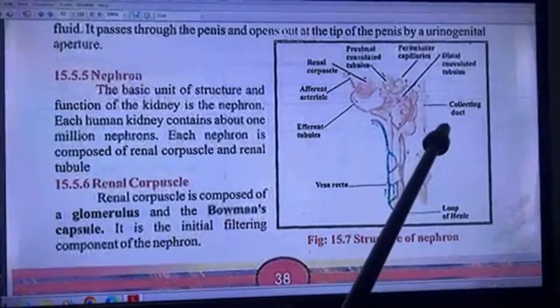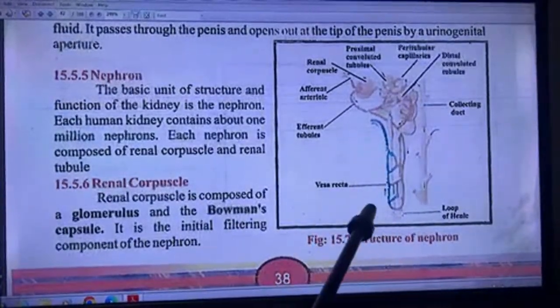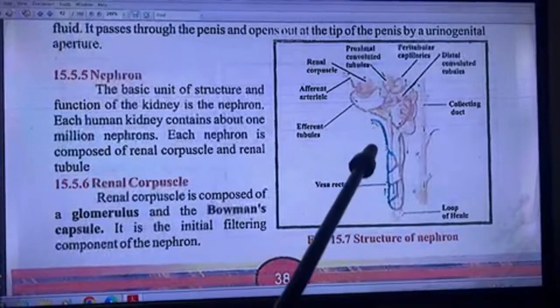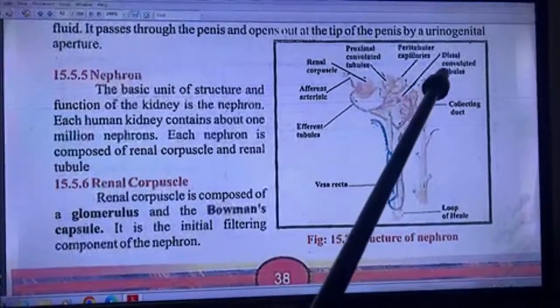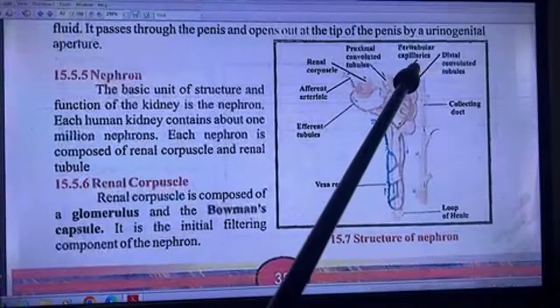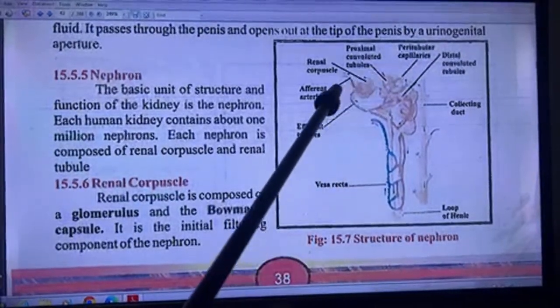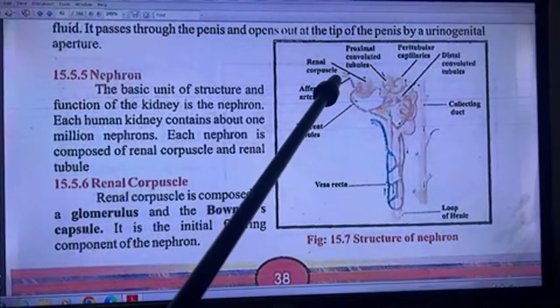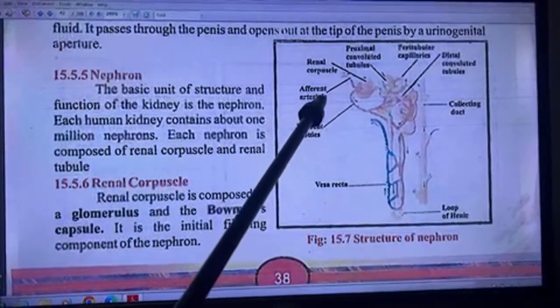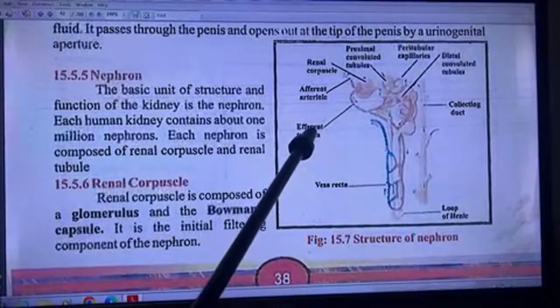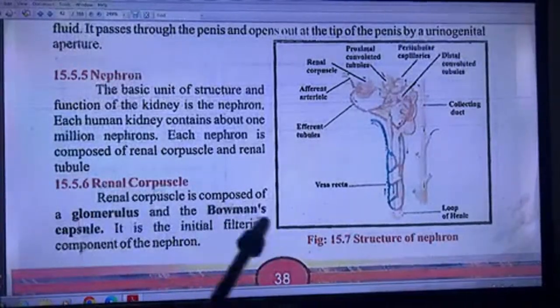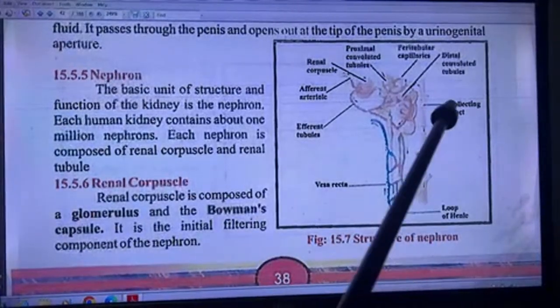Loop of Henle, collecting duct, distal convoluted tubule, peritubular capillaries, proximal convoluted tubule, renal corpuscle, efferent arteriole, efferent tubules, vasa recta, collecting duct.